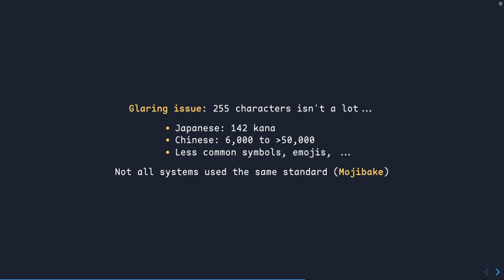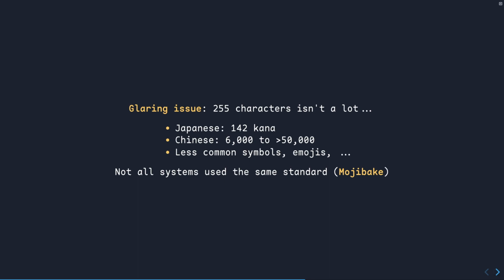Well, in some regions, because this was an actual issue, and because computers were not invented by one person, there were different systems with 1 byte encoding or sometimes multi-byte encoding, which didn't match up with each other.